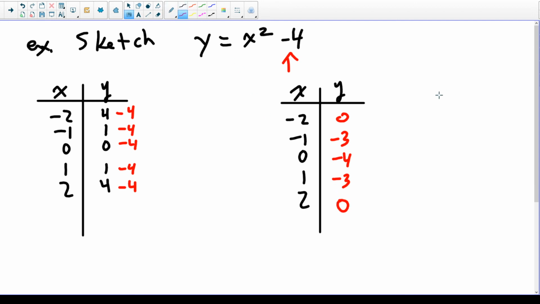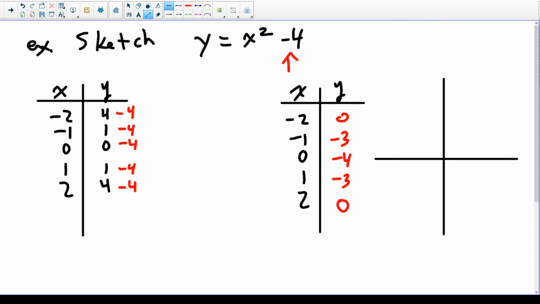And what you can then do really quickly, now we're doing this really quick because we don't have graph paper. If you did have graph paper, I'd want you to plot those points on the graph paper following the proper conventions, okay? But just to show you, at -2 x and 0 y, so what does that mean? So remember that x-axis values are here, y-axis values are here, okay?